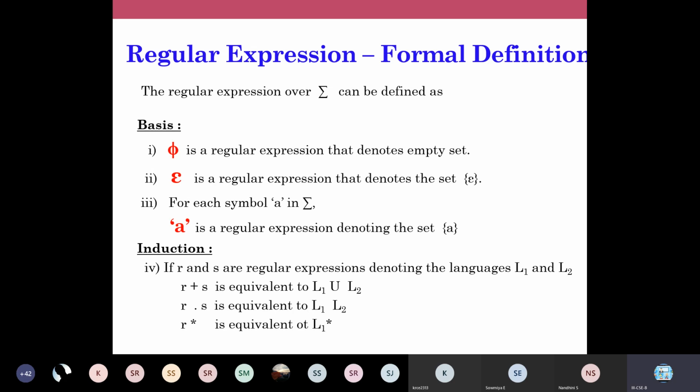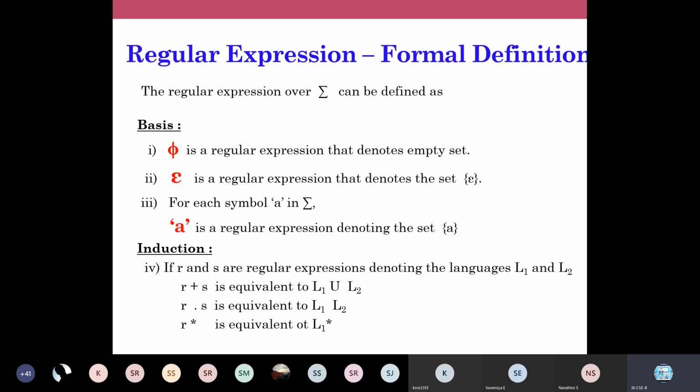In the basis step, we are defining for the simplest possible set. If your set is a null set, the regular expression is null. And if your set consists of only one element, epsilon, then the regular expression for this language can be defined as epsilon.